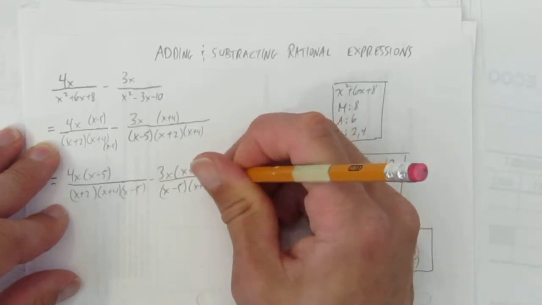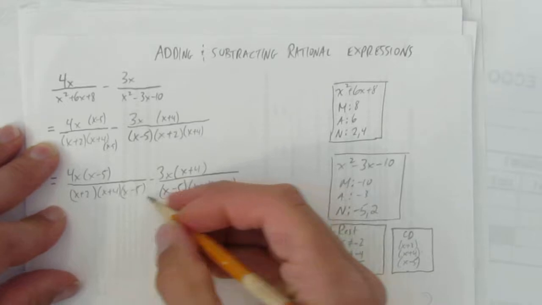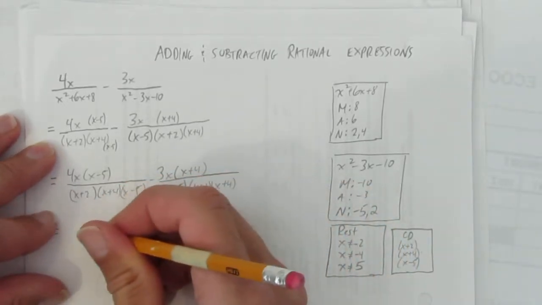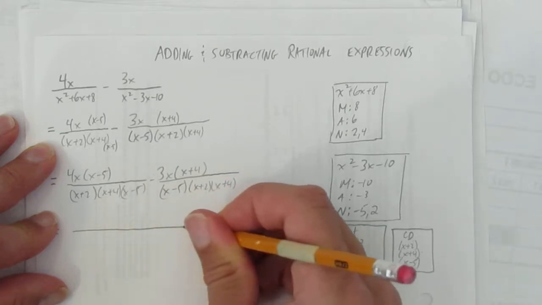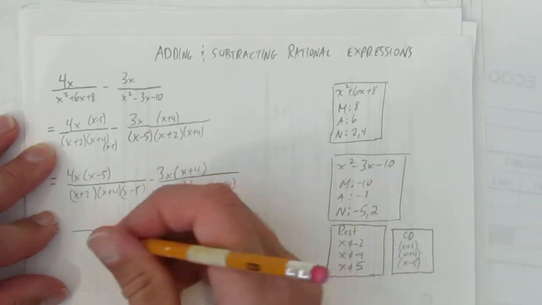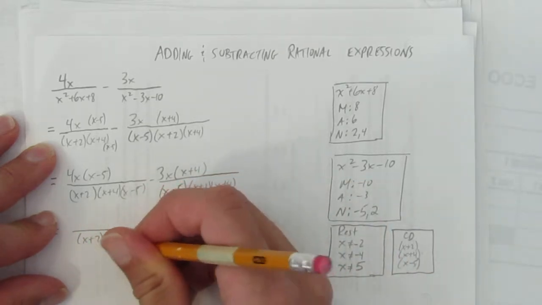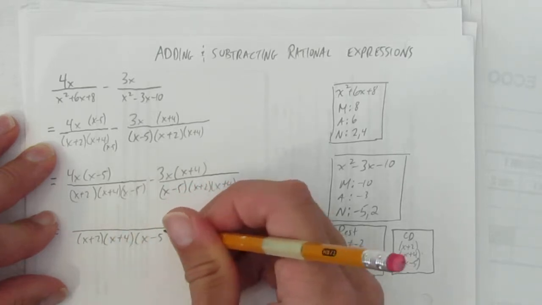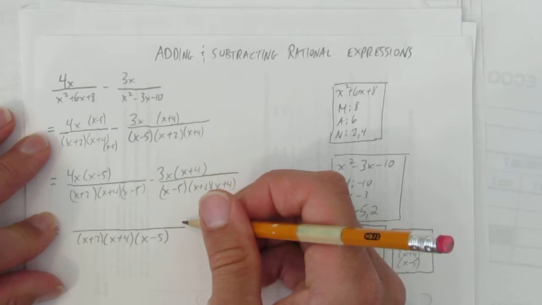You notice I didn't write them in the same order. That's okay. There's still a common denominator, because they're all multiplied together. And that's good because my very next step, now that I've got two denominators the same, I can combine them into one fraction with one common denominator, x plus 4, x plus 2, and x minus 5.